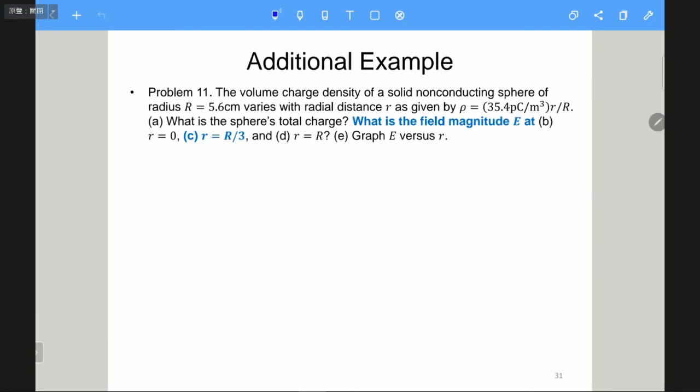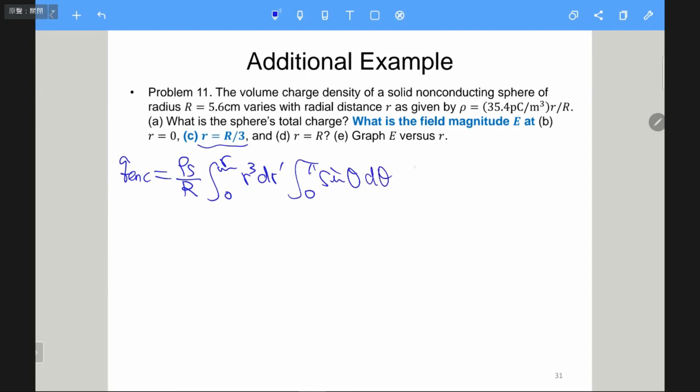And then for part C, Q enclosed inside this sphere will be, similarly, rho S over capital R from 0 to R of R cubed dr prime, which is actually the same as the previous one, except the upper limit is different.